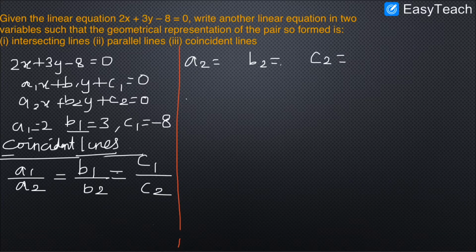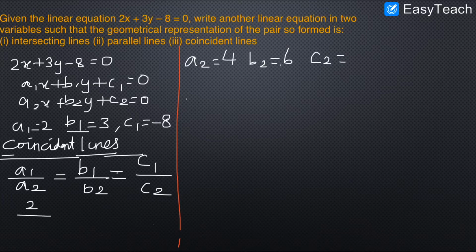For the coincident lines, the scenario is a1 by a2 equals b1 by b2 equals c1 by c2. For a2 and b2, I am going to put the same values, 4 and 6.